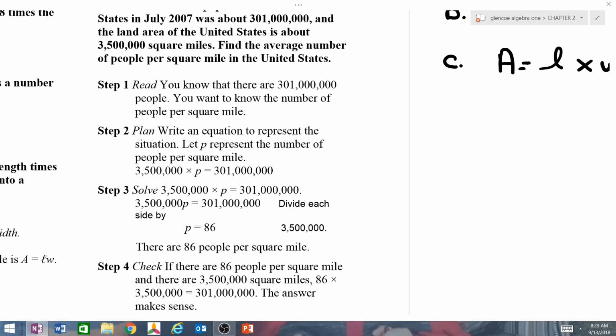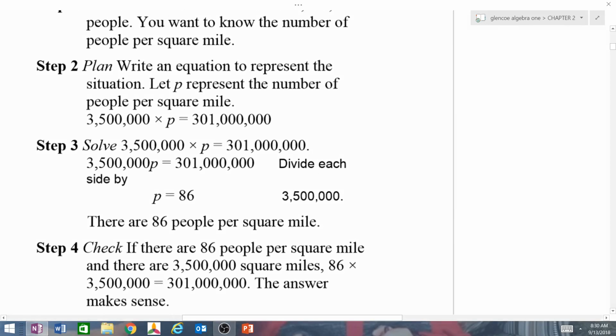Well, that would be something like 3,500,000 square miles times the number of people equals 301 million. We're going to solve this by dividing each side of the problem by 3,500,000. We want to solve for the variable p, and approximately in 1 square mile of the United States.